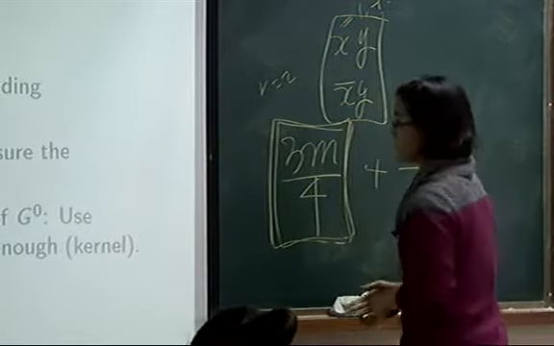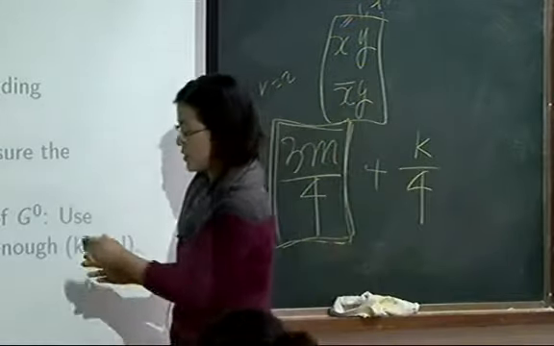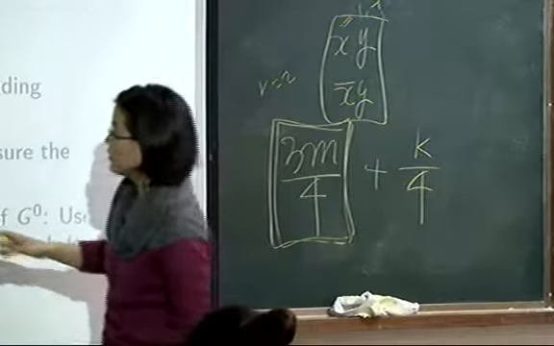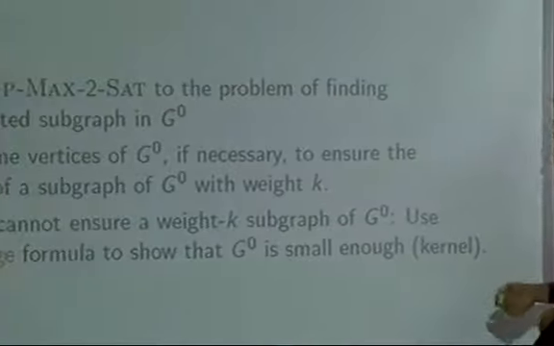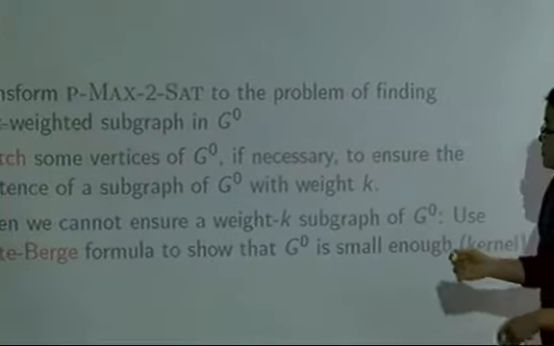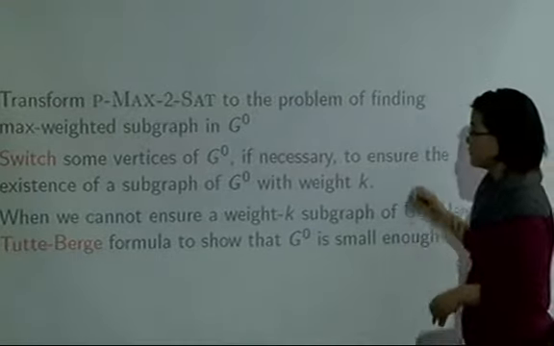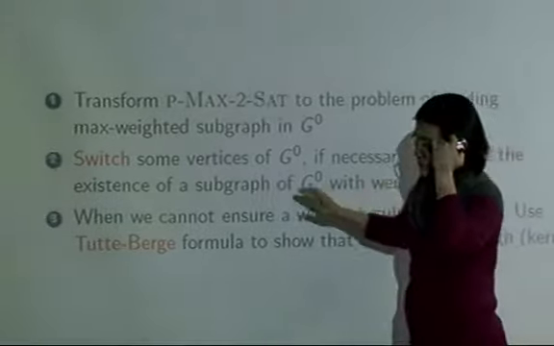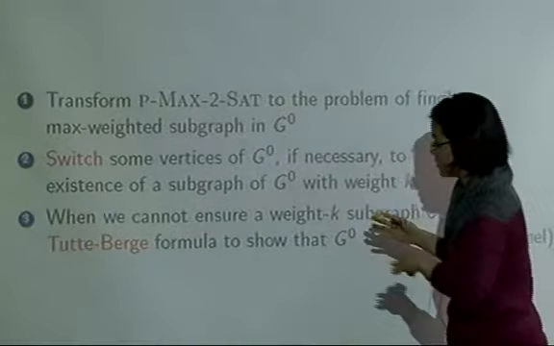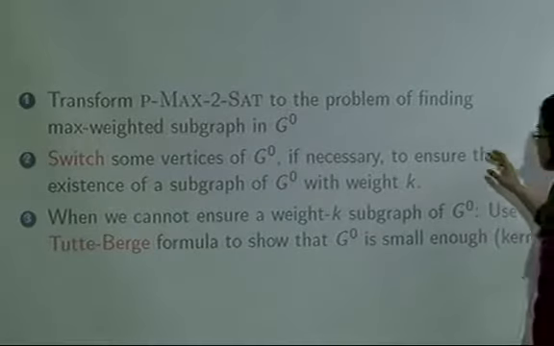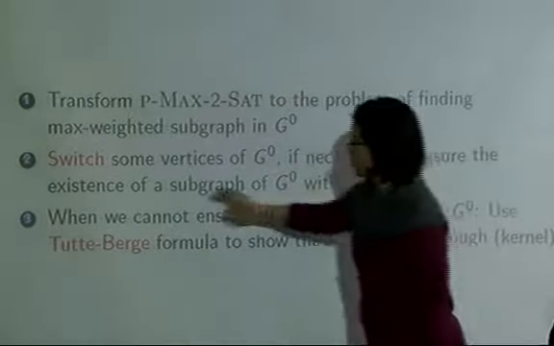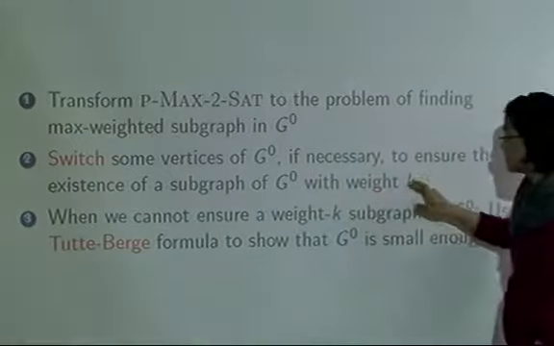So, this is the outline of the main theorem when R equals 2. We transform this problem into some graph problem, in an auxiliary graph. And we define some operations on this graph, and then using these operations try to ensure the existence of a subgraph with weight k.